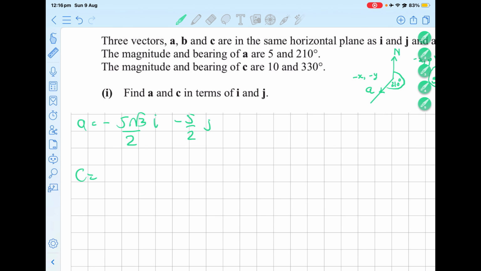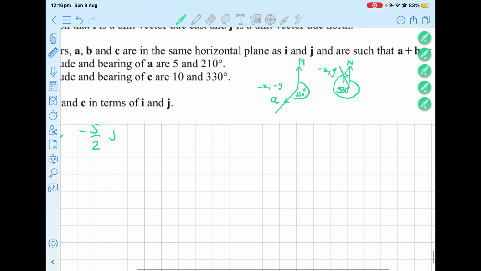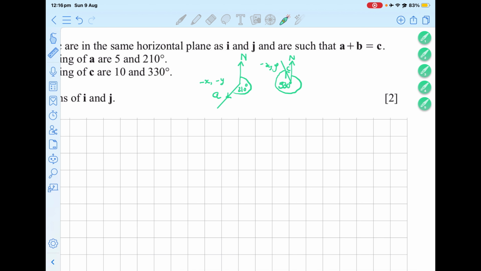I'm actually starting to question myself because 330 degrees, you're going clockwise, right? So clockwise of 330 degrees is over there. In this direction, here's minus x comma y.